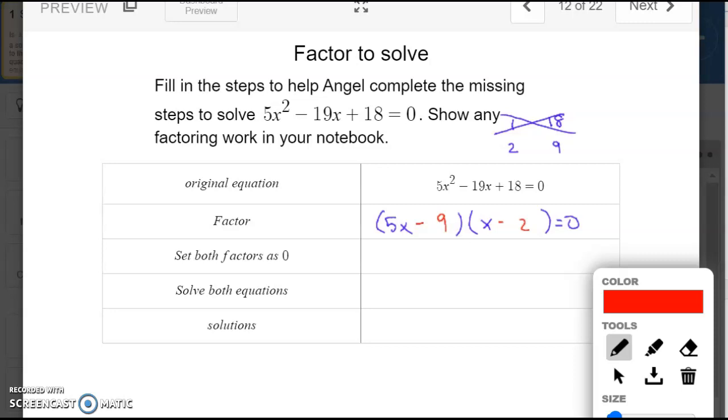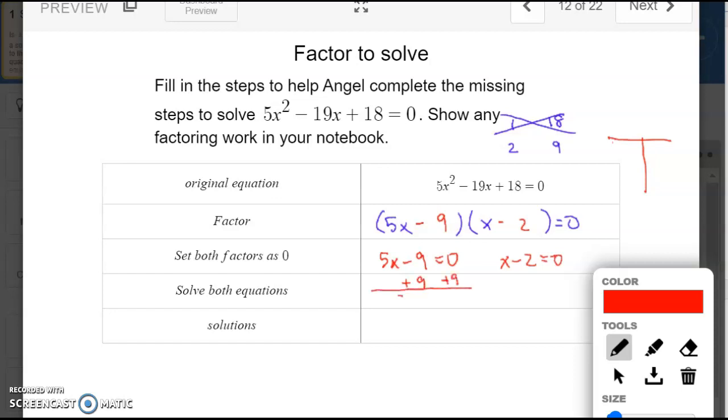And certainly there are variations of doing the diamond by creating a t-chart and so on, but you're essentially doing the same thing. Now that I've factored, I can set each of the factors to be 0. So 5x minus 9 is equal to 0, or x minus 2 is equal to 0. So I add 9 to both sides.